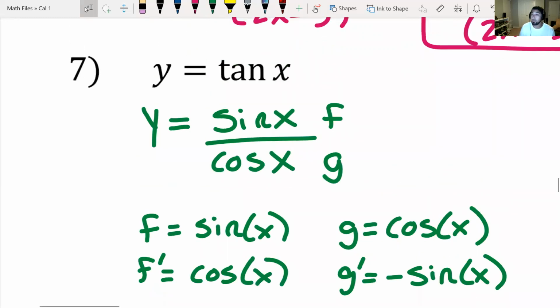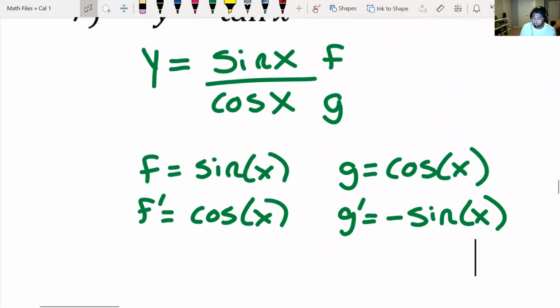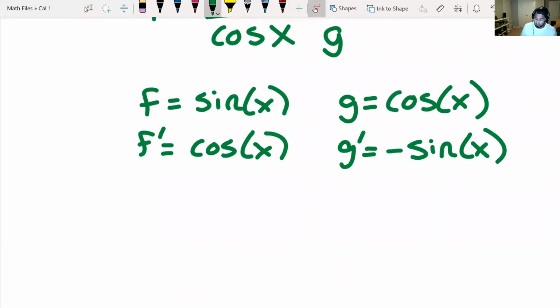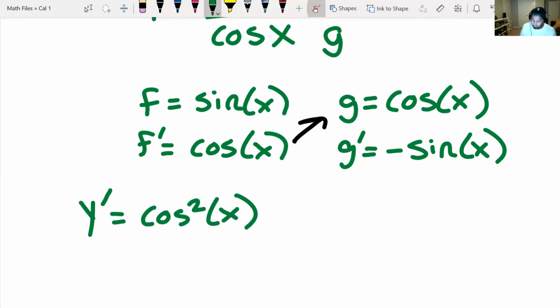We are taking the derivative of y, so we'll keep it simple this time and just say y prime. Follow your quotient rule formula. F prime g, cosine times cosine, cosine squared x.